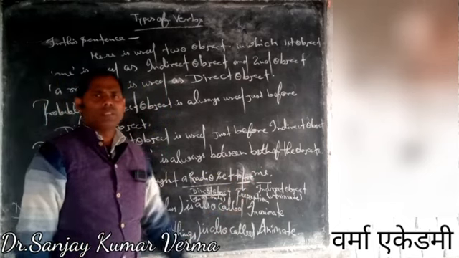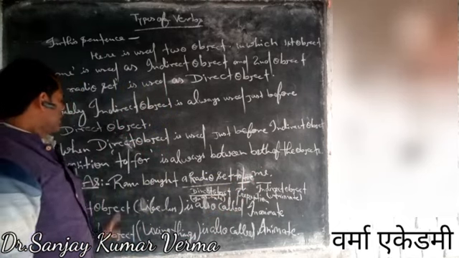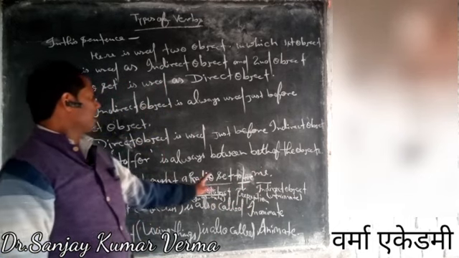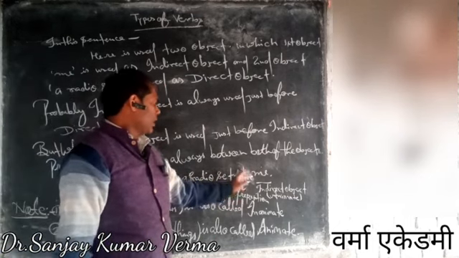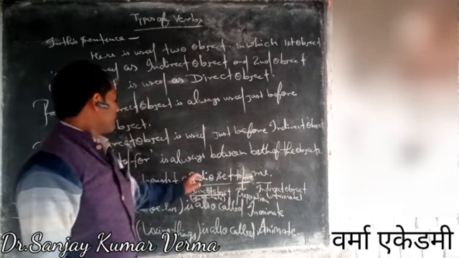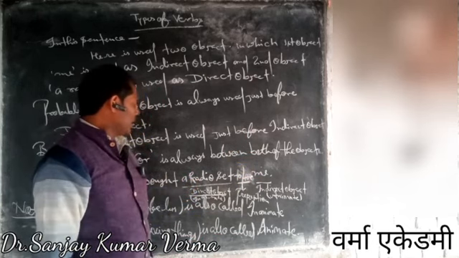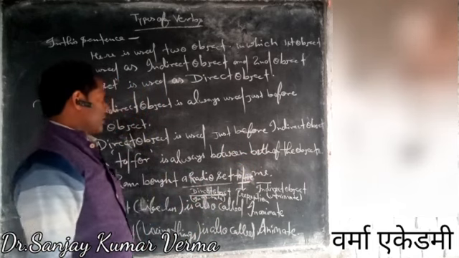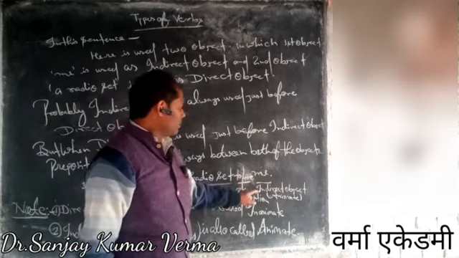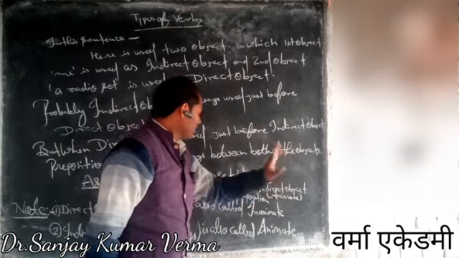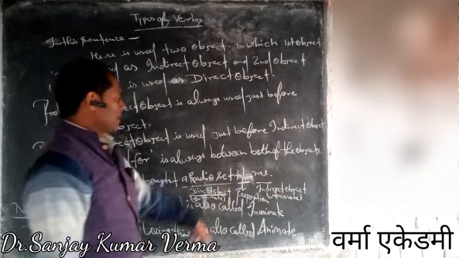In this sentence, Ram bought a radio set to or for me. Radio set is used as direct object or inanimate or lifeless, and me is used as indirect object or animate or living things.